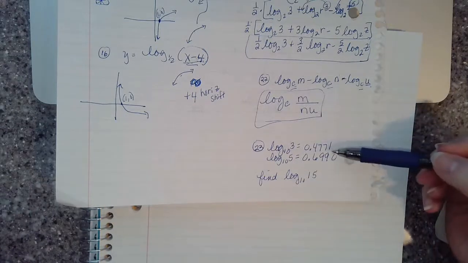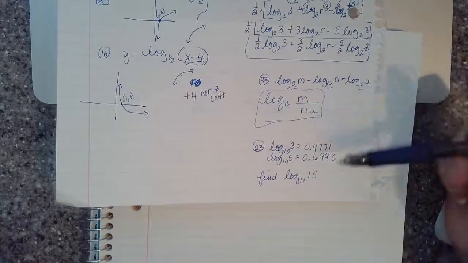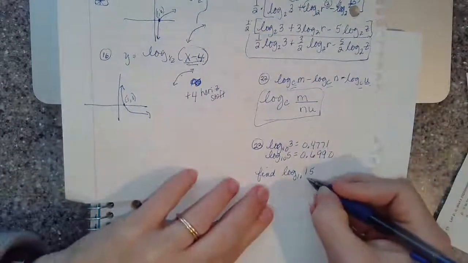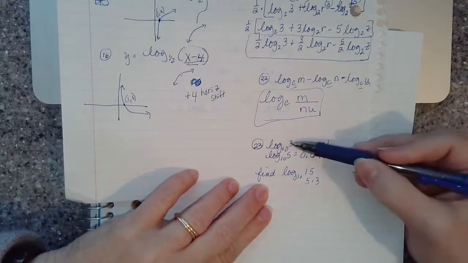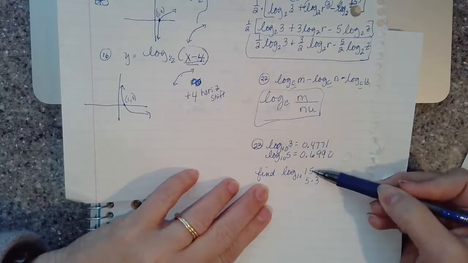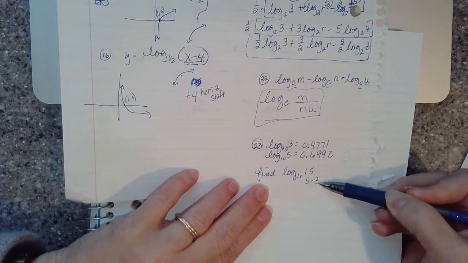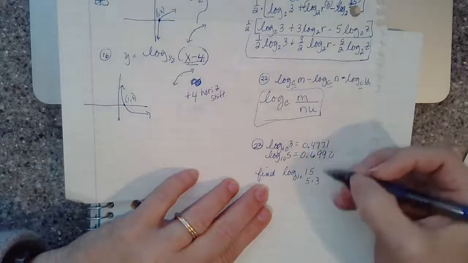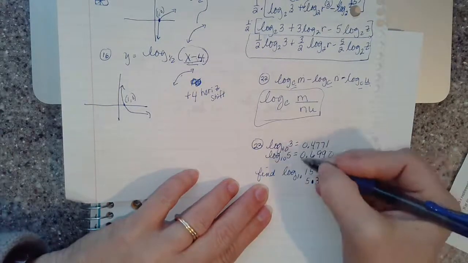You could break down 15 and say 15 would be the same thing as 5 times 3. So if you only knew log base 10 of 3 and log base 10 of 5, you could find log base 10 of 15, because 15 can be thought of as 5 times 3. And because it's times, it would tell me I'm going to add those two log values. So all I'm going to do here is add those together, on your calculator or not.